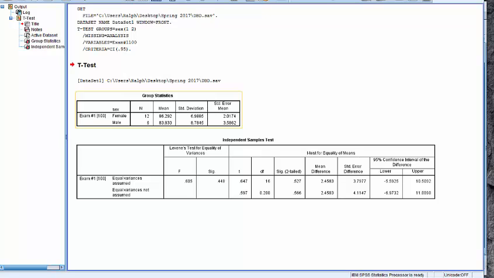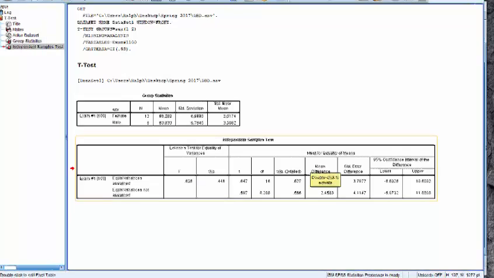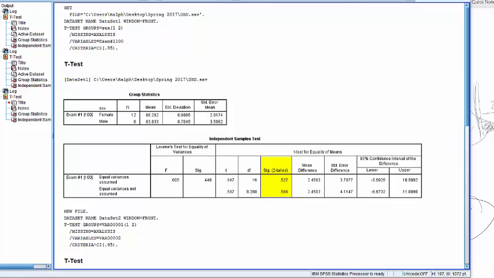And immediately what we should be looking at down here is the significance, two-tailed test. So you see the two-tailed significance is 0.527 with equal variances assumed, and an even less likely 0.566 with equal variances not assumed. So what we would conclude here is that we have not found significant evidence to justify our hypothesis.